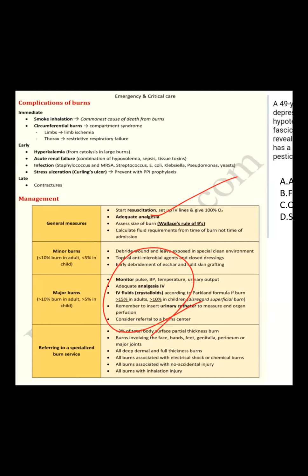I will refer the patient to a specialist burn unit if it is more than 3% of total body surface area, and all deep dermal and full thickness burns. Crystalloid IV fluid for a major burn.